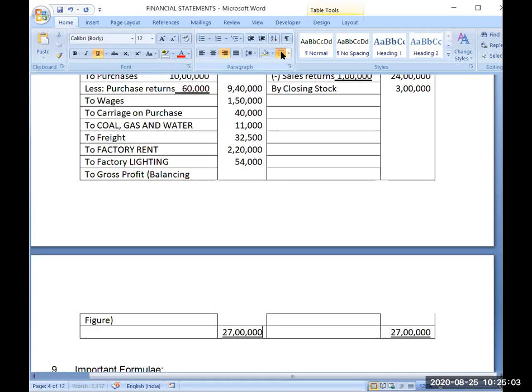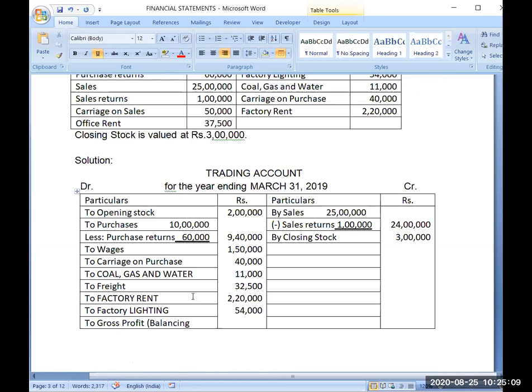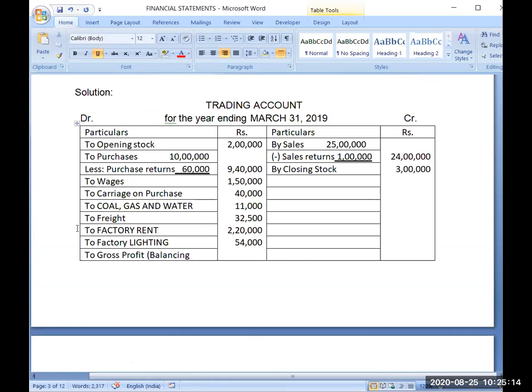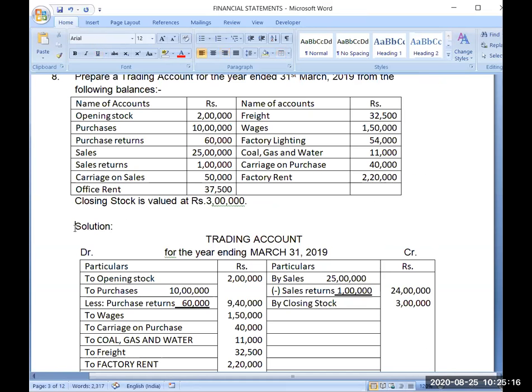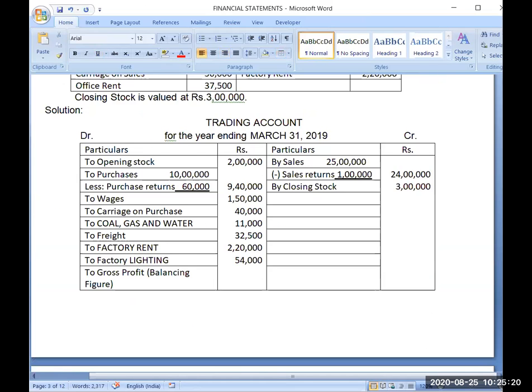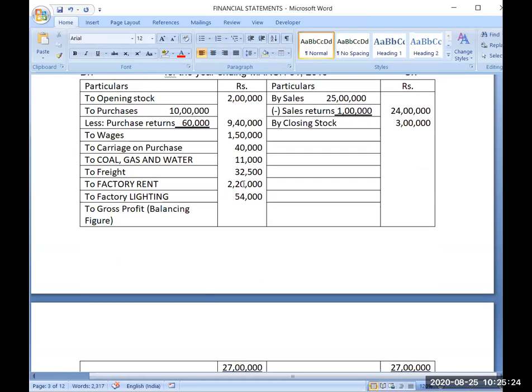Yes, this process is clear. Now what I have to do, let me show you. I should bring it on the same page. Now it will be visible to you. I have to subtract all these amounts from 27 lakh. Now what most of you will be doing is first writing all these amounts in rough.